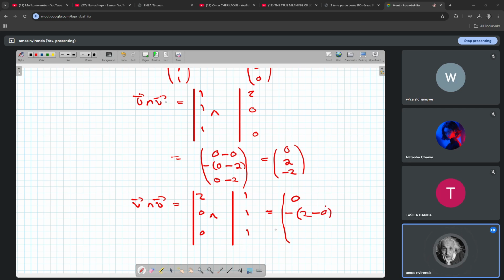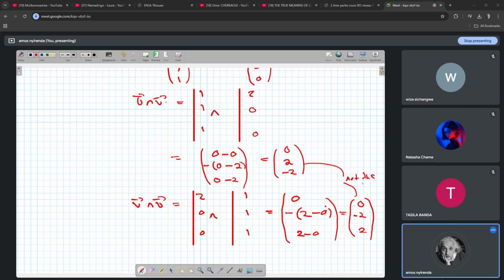Then I'll get rid of the last line, and I'll say 2 multiplied by 1 is 2, minus 0. This is going to give me 0, minus 2 and 2. You can see that this is not the same result. So these are not the same.